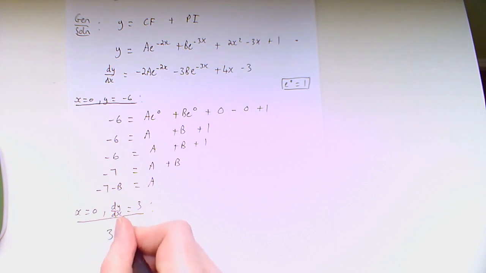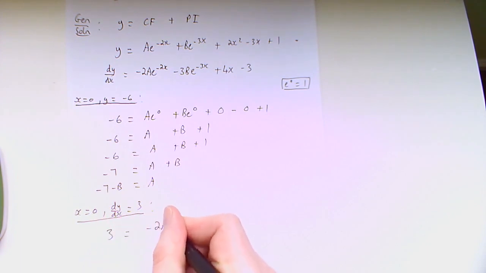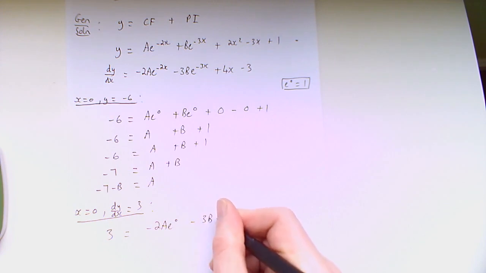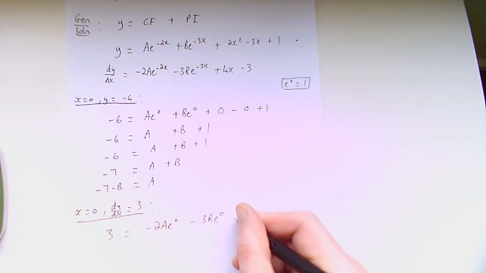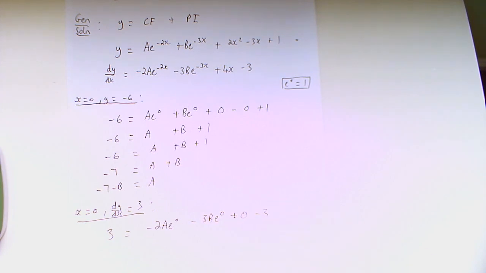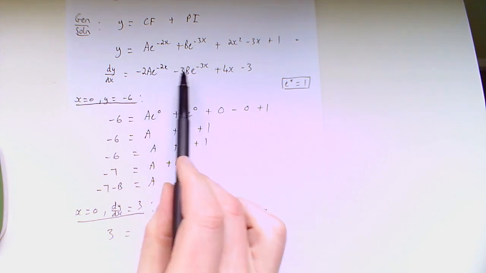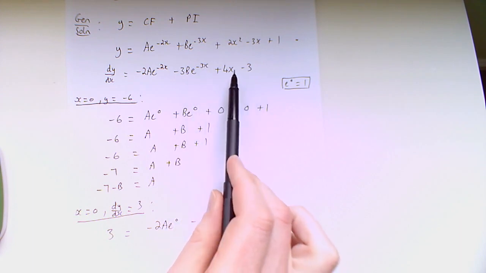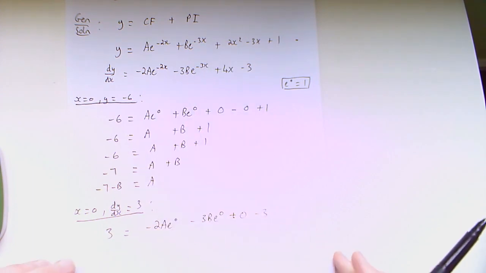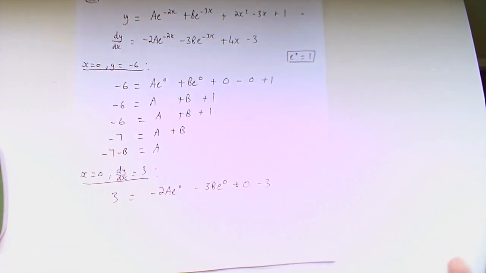So 3 equals -2ae to the power of 0, take away 3be to the power of 0, plus 0, take away 3. Again, 2 times 0 is 0, 3 times 0 is 0, 4 times 0 is 0. So I'm just shortcutting and making everything work a little bit more easily.